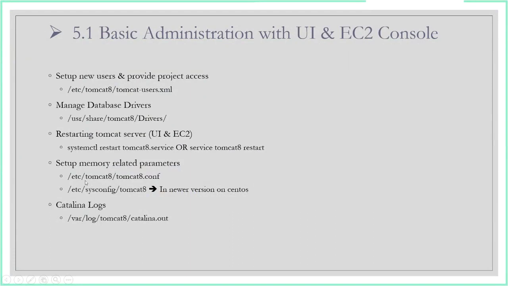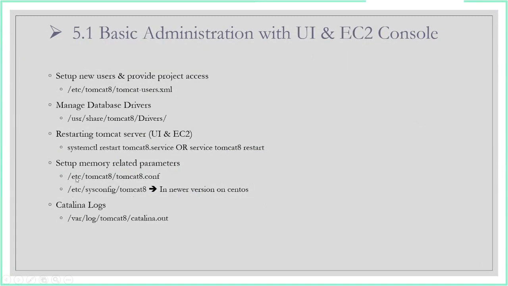Now, if you want to set up some memory related parameter. Many times, this is a service, Tomcat, and it is designed in Java. It is a kind of Java process, so this process needs memory. Sometimes if you want to increase some memory related parameter for Tomcat, you can set up the memory related parameters in this file.